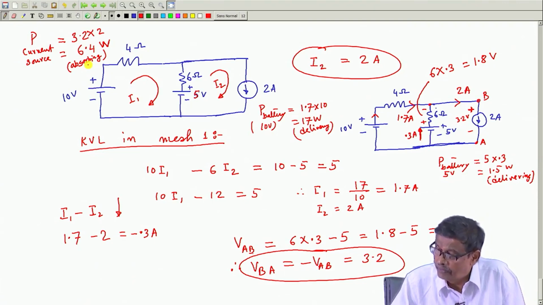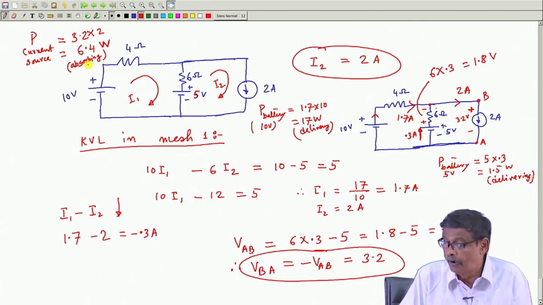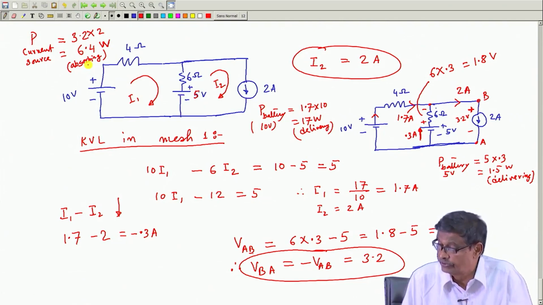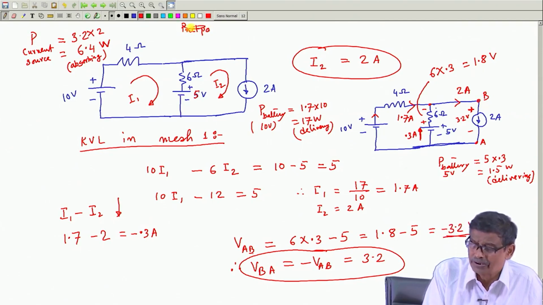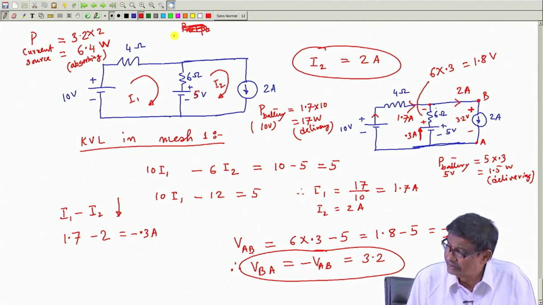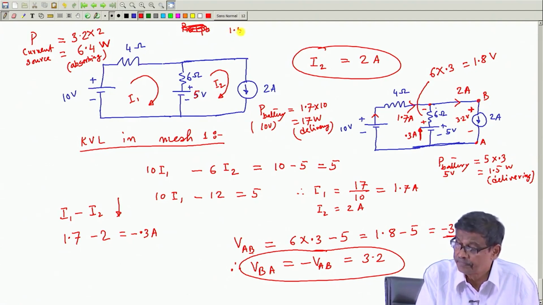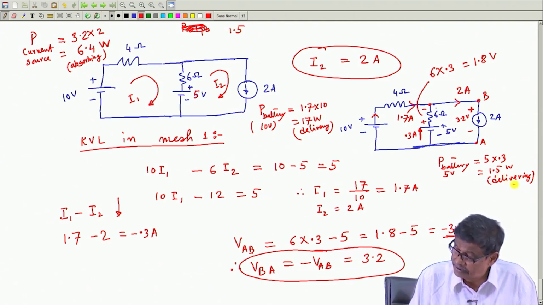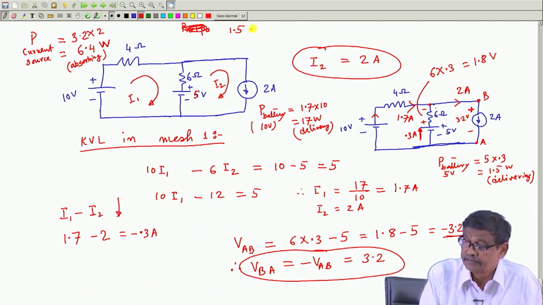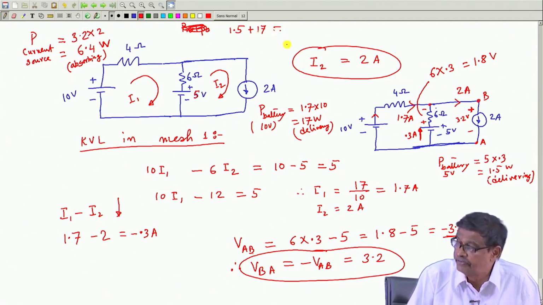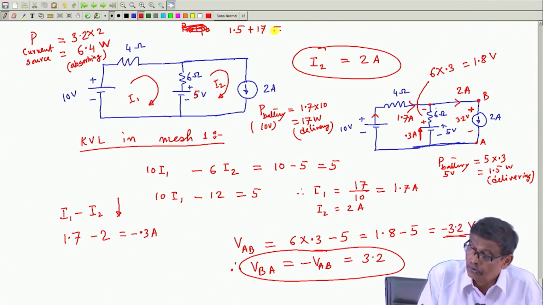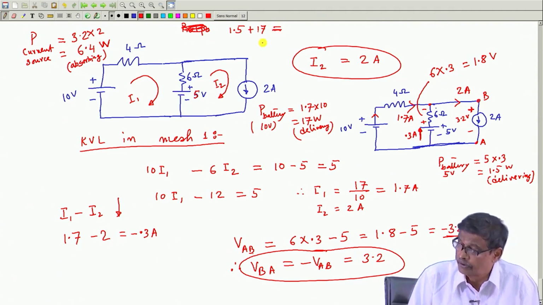In the resistances, power losses take place. So, the net power delivered to the circuit by the sources, or total delivered power in the circuit, is 1.5 from the 5 volt battery plus 17 from the 10 volt battery. These are delivered power. This must be equal to the power absorbed by different elements in the circuit. So, who are the fellows who are absorbing power?